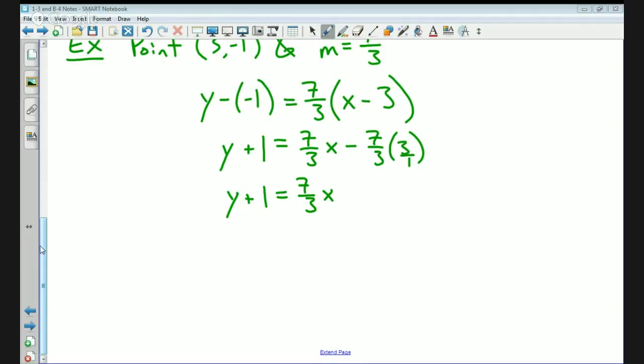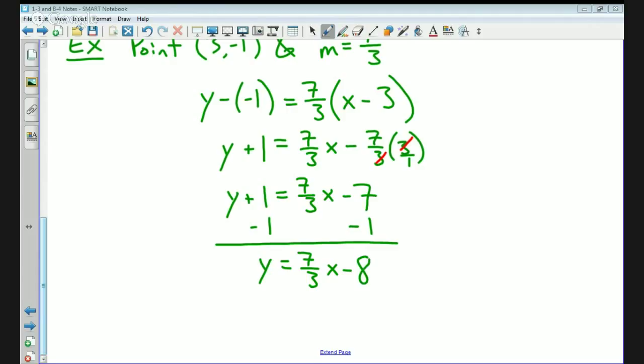But I do see something here where there's a 3 in the numerator, 3 in the denominator, common factors, and I can just cancel those 3's out and essentially end up with minus 7. To finish solving for y, I will subtract 1 from each side, and we will get y equals 7/3 x minus 8. And that would be the slope-intercept form for this particular problem.